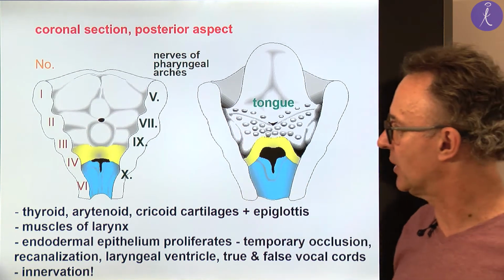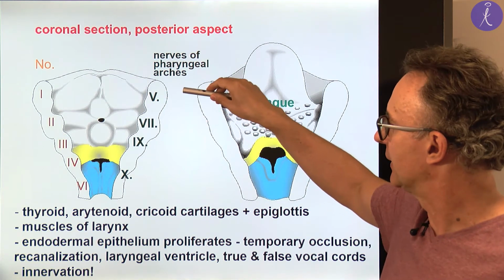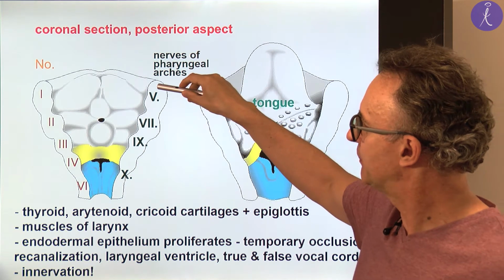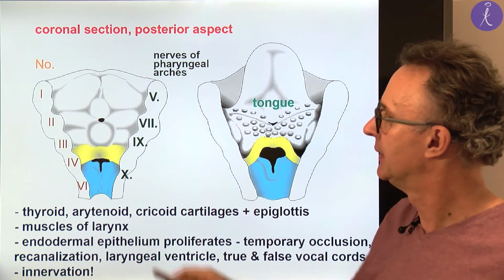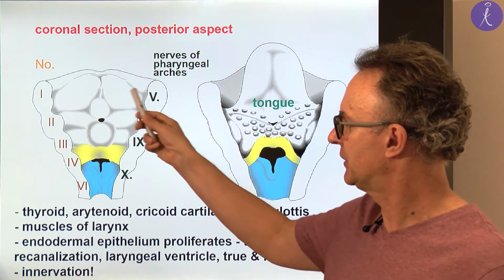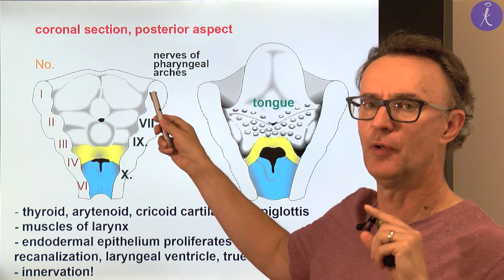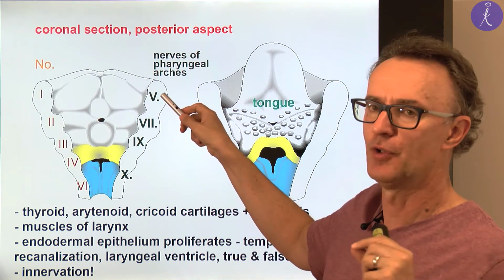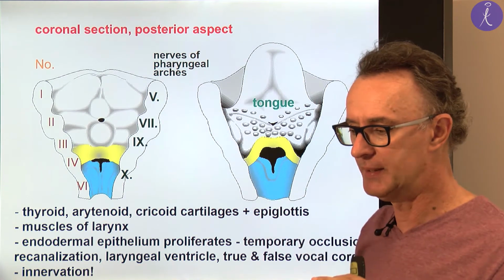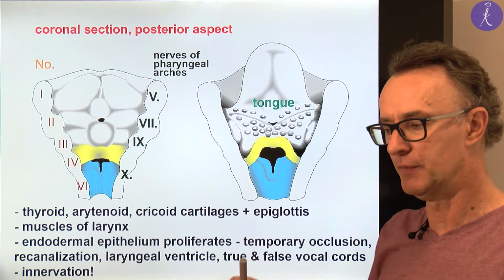Now here you see the corresponding nerves, and it will explain some logical considerations. For example, the first three, which form the body of the tongue, correspond to the first pharyngeal arch, the nerve of which is the trigeminal nerve, the third branch of which is the mandibular nerve. That's why the body of the tongue is innervated by the lingual nerve as a branch of the mandibular.